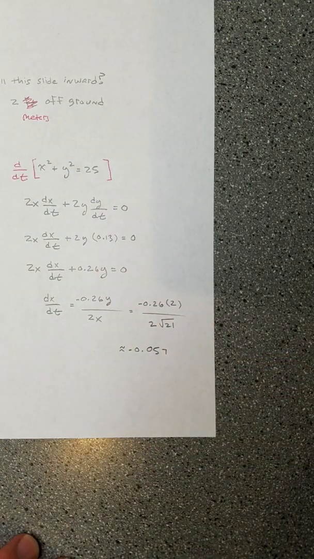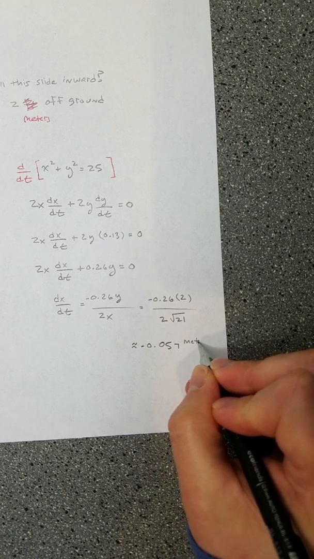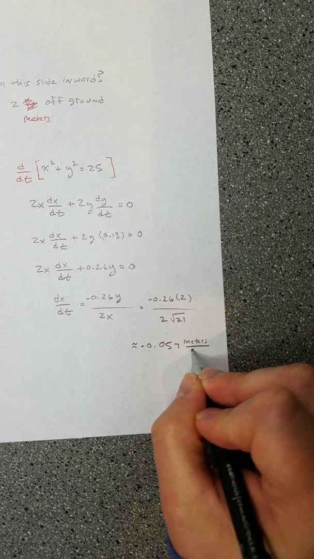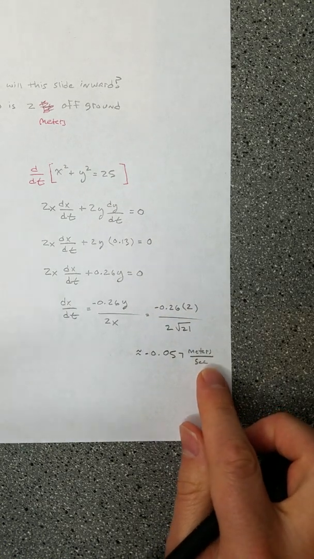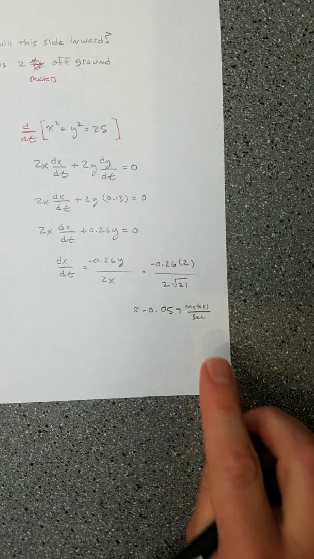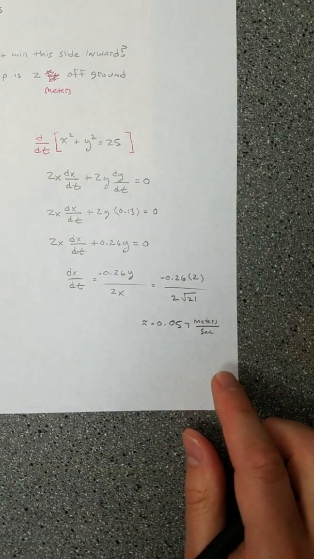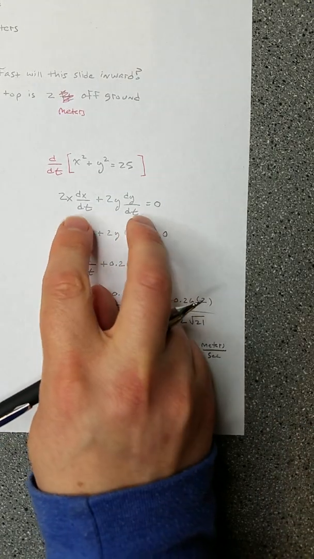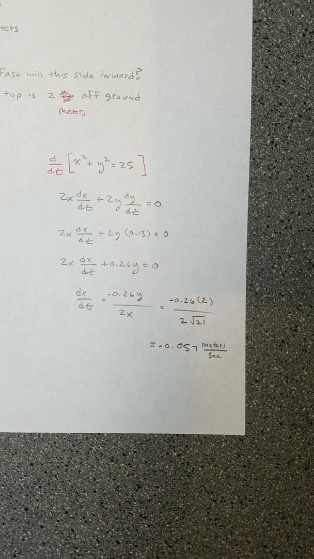That's what I get. Okay. And units are meters per second. Remember, the distance measurements in this problem were meters. That's why I messed up when I put feet right there. That was no good. All right, so that's the procedure then. It's like that implicit differentiation lesson that we had earlier. Okay.